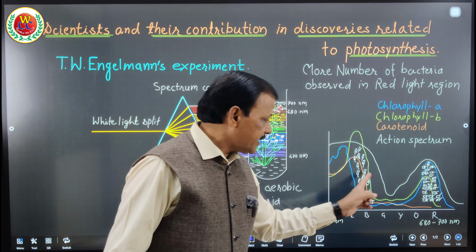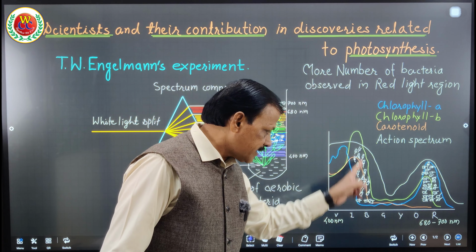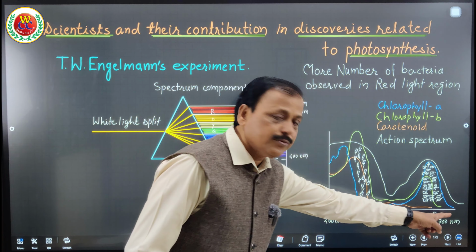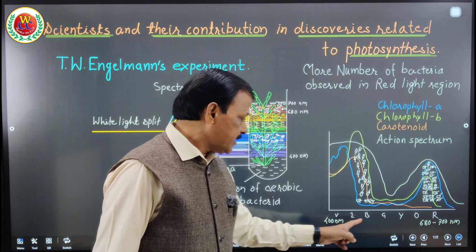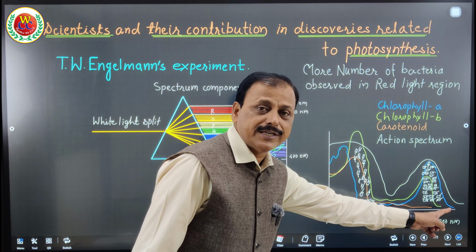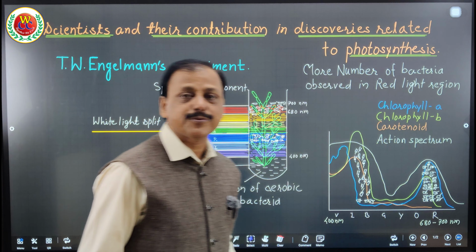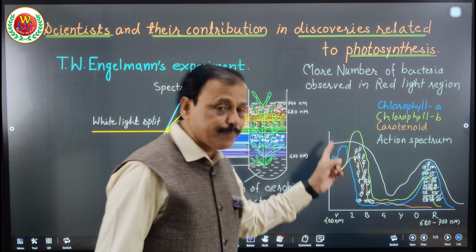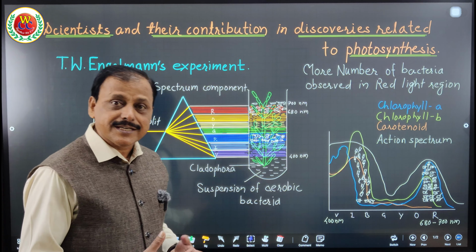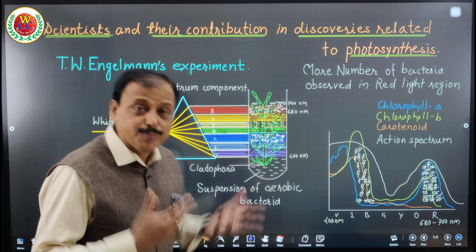Now see, here in the region of blue color, this is the action spectrum, from 400 nanometer to 700 nanometer. In this blue light and red light, which lies between 680 to 700 nanometer, there is a higher rate of photosynthesis. How? The aerobic bacteria require oxygen. Naturally, they will be in the region where there is more oxygen.